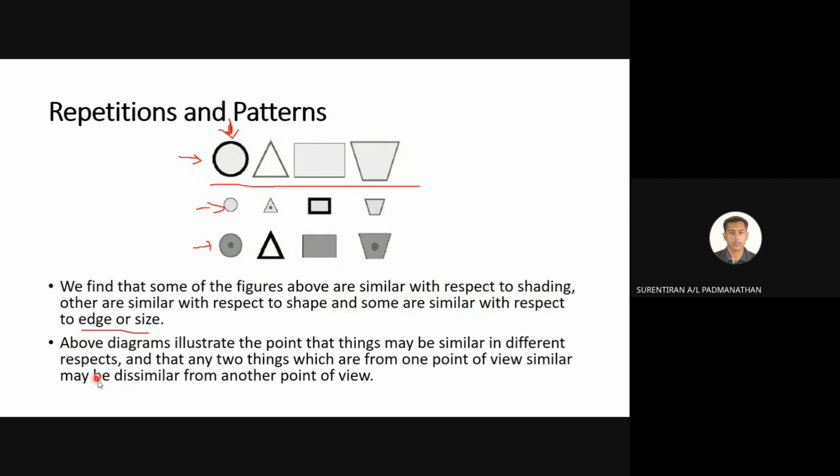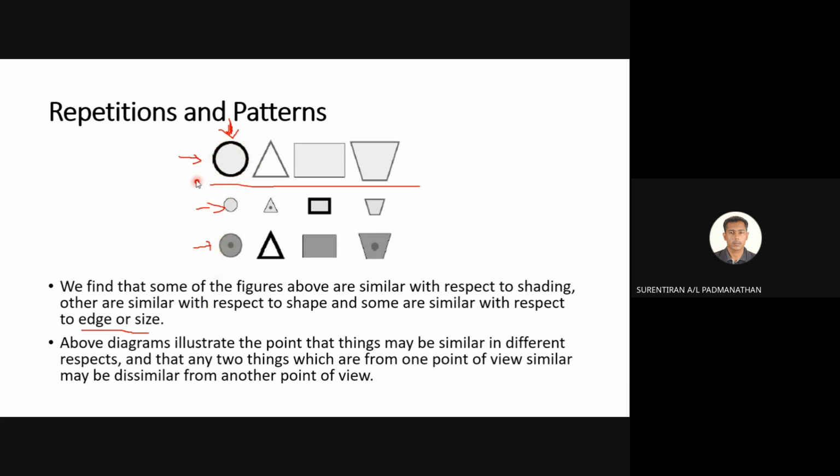So the above diagrams illustrate the point that things may be similar in different respects, and that any two things which are from one point of view similar may be dissimilar from another point of view. As I told you just now, we can say that it might be similar based on the shape. So it is all a round shape, but it has some differences.